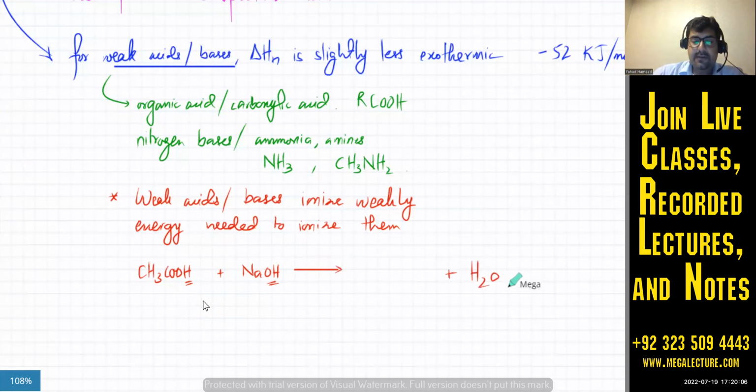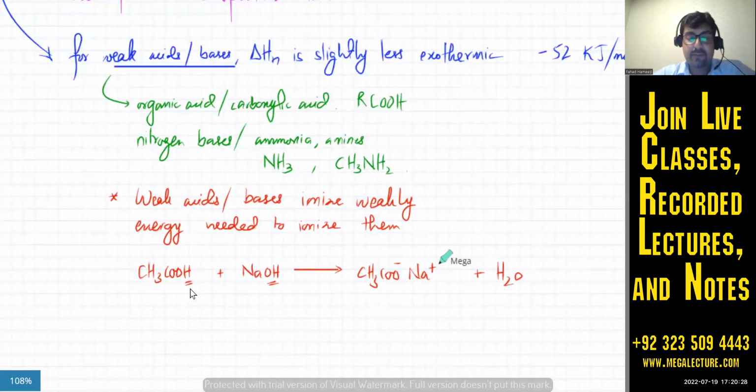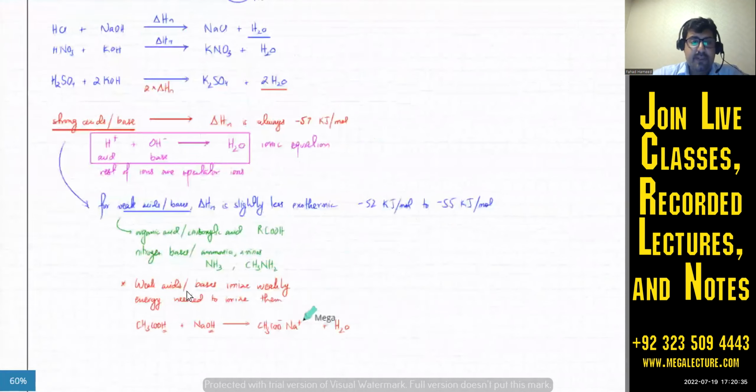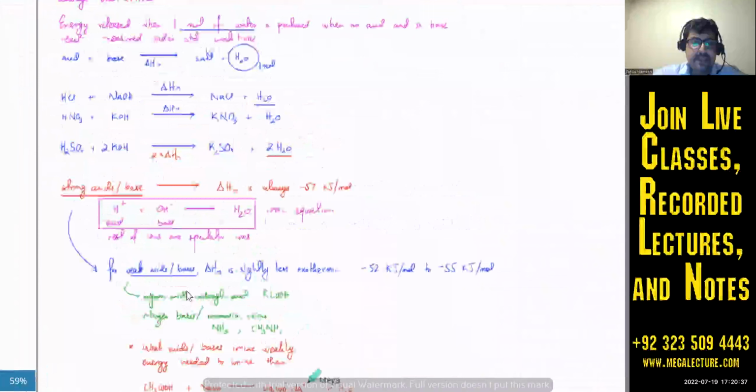And what's left is your salt, which is CH3COO- and Na+1. So it's the same exact reaction. The only problem is that ethanoic acid will not produce H+1 easily. You would have to ionize it, and you would have to give it energy so that H+1 ions could be produced.